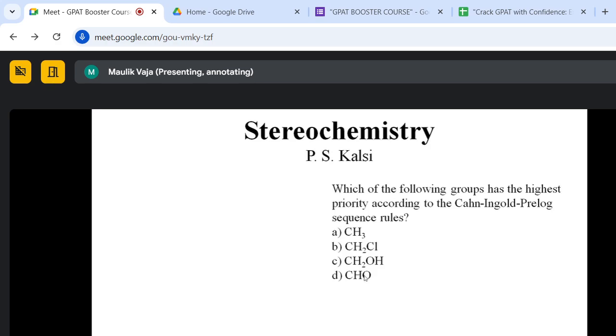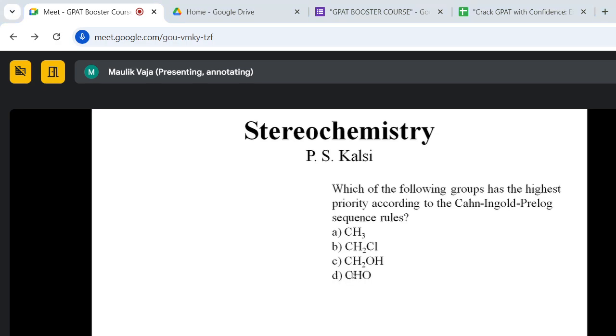Here, oxygen. CHO is like C double bond O, H. According to the fourth rule of the CIP system, if a double bond is there, then you can duplicate the atom. So according to CIP, this is like CO2H, and that's why the correct answer is option D.